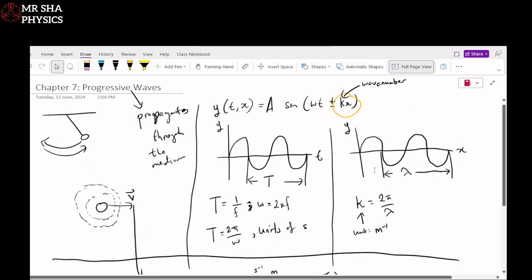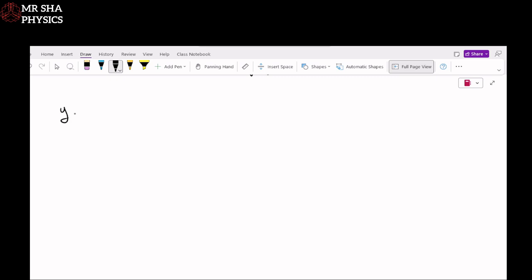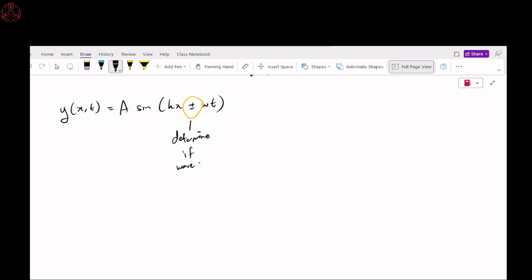Now, some of you might have realized that in my equation for progressive waves, y = A sin(kx ± omega t), I use plus minus because that plus and minus will determine if the wave is moving in the positive x direction or negative x.